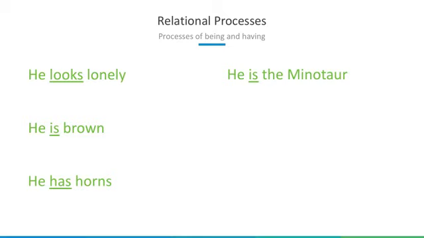In this one, the verb has is relating the minotaur to some feature, some part of his body. And in the sentence, he is the minotaur, the verb is relating an identity to the pronoun he. So these are all examples of relational processes.